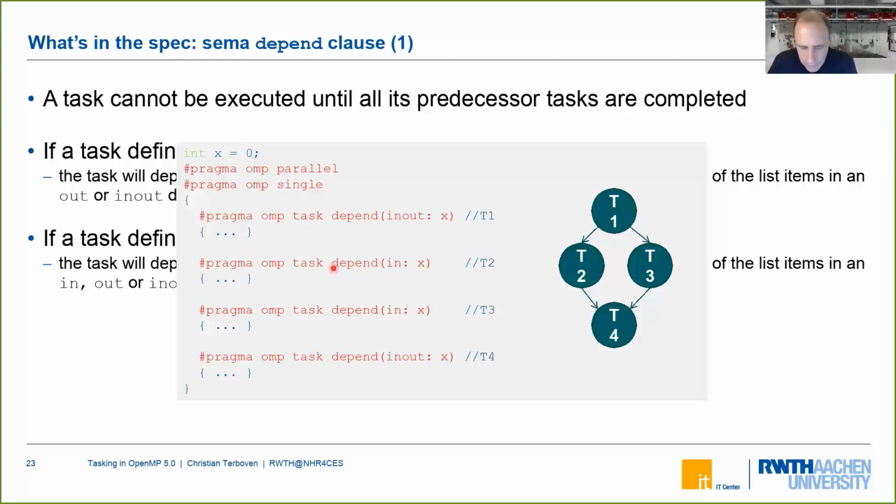And then finally, T4 has an inout dependency, so it's consuming x, and again, it's providing a value in x, and that means because it's not only consuming but also modifying x, it can only be executed after both T2 and T3 have been completed. So think of the data flow, production or provisioning of values, and consumption of values, which can guide you in the expression of dependencies.